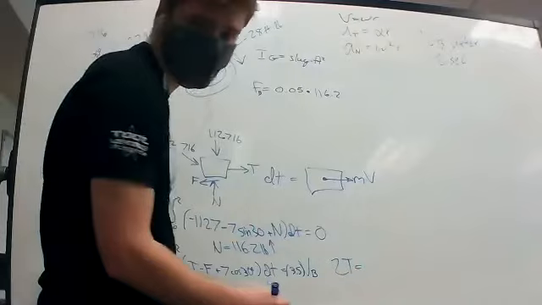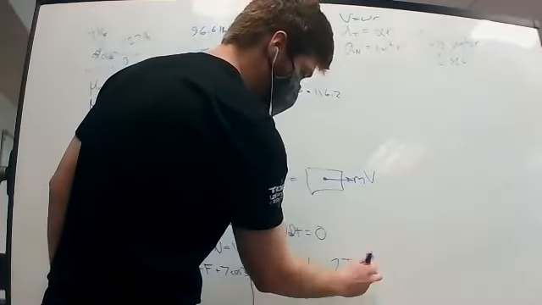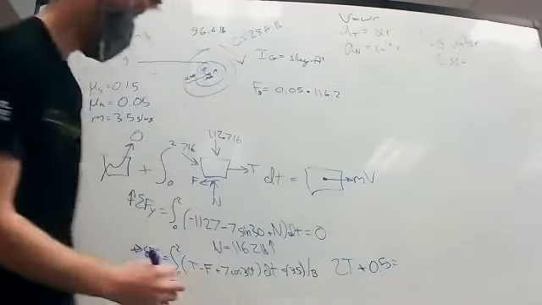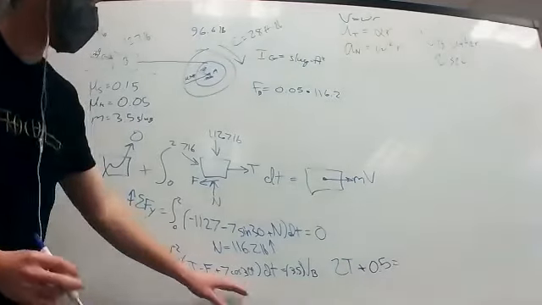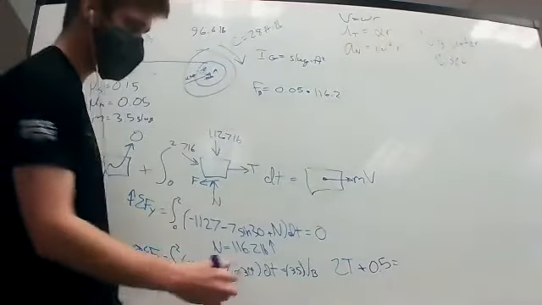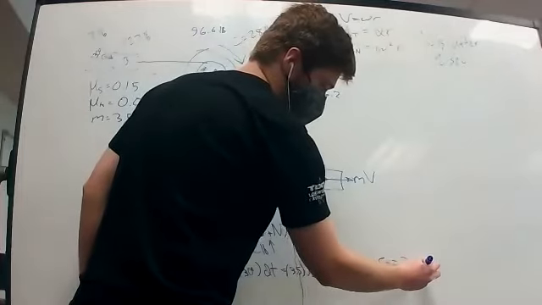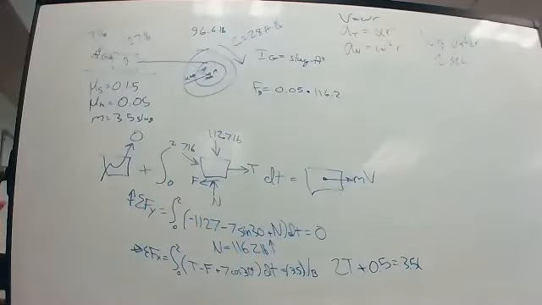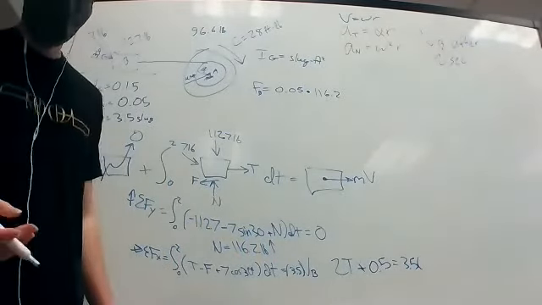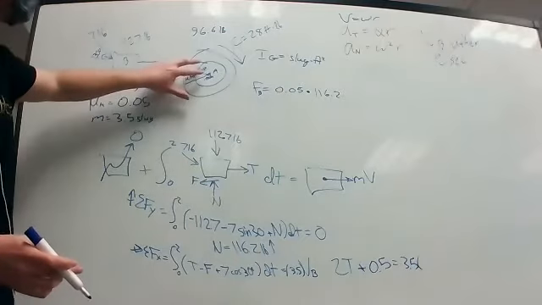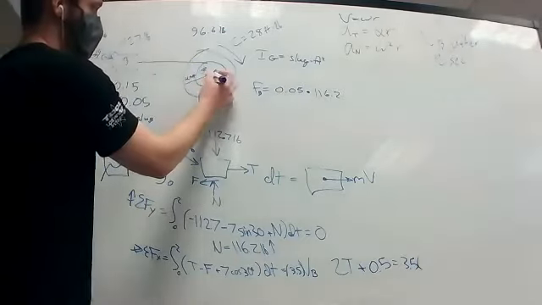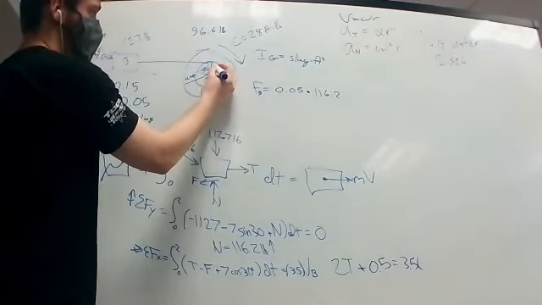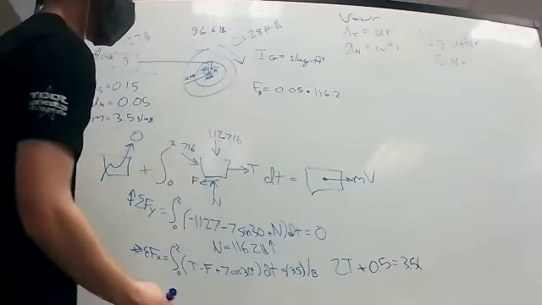They say 2T plus 0.5, which just comes from these being added together and solving through the integral, is equal to 3.5 times, and they replace V_B with 3 omega. They say 3 omega because you can treat this as a rotating stick with a radius of 3 and an omega moving clockwise around the center.